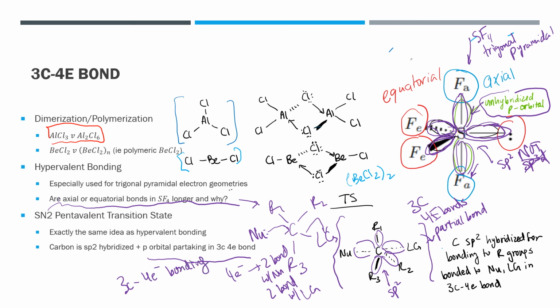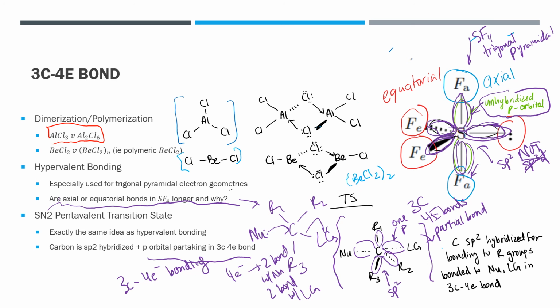And you can see that basically there's one p orbital. And this is also why the bonds to the leaving group and the bonds to the nucleophile are long, right? They're not the same. They're not really one bond. It's not as strong as a normal bond. Because we only have one p orbital that's bonding to both, you're sort of sharing that bonding power between the leaving group and the nucleophile.